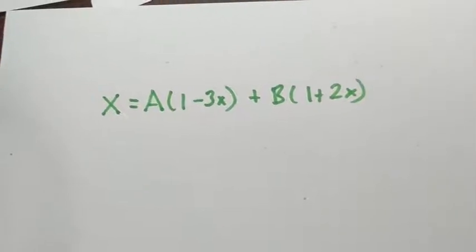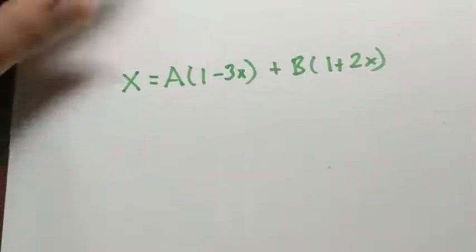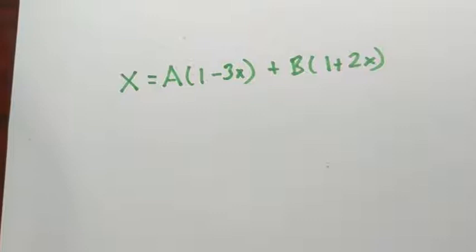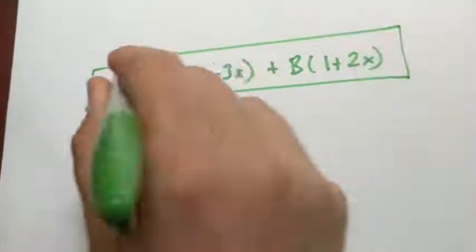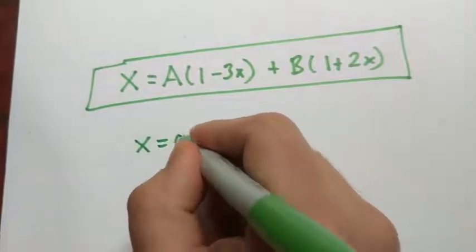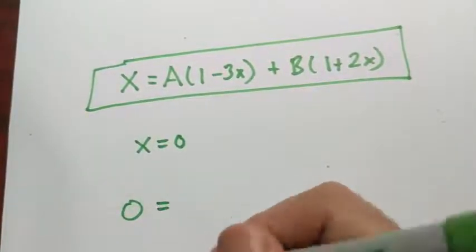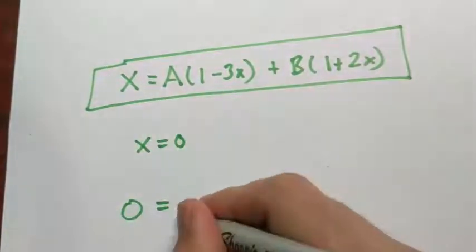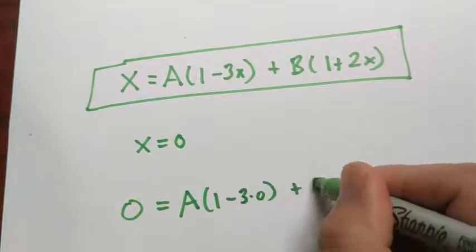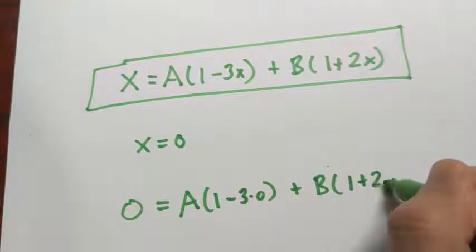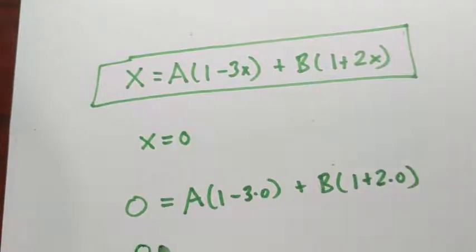And there are a couple of different ways that people like to use to solve this. I like to use the plugging in method. So if I plug in x equals 0, I get 0 equals a times 1 minus 3 times 0 plus b times 1 plus 2 times 0. So I get 0 equals a plus b.